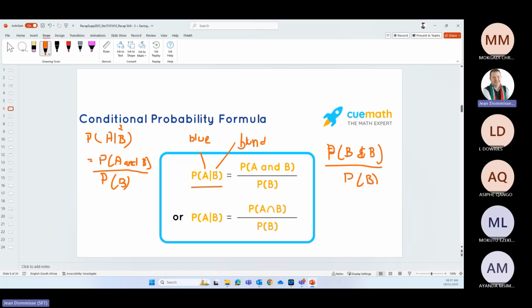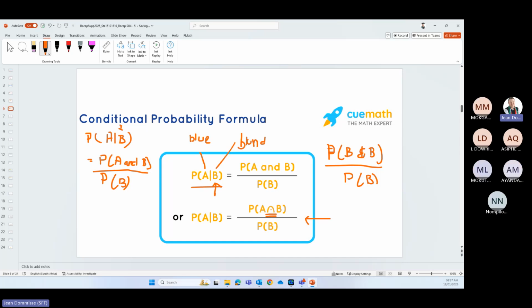Okay, so when we look at conditional, probability of A given probability of B is the probability of A and B. So basically the AND of the two divided by the probability of the last one. Sometimes, but I don't think I've seen this too much, if I use that symbol, it means and, so it is basically what is included in both.